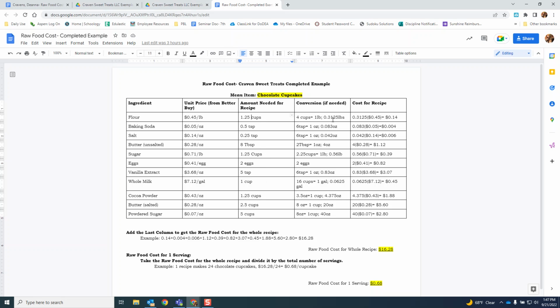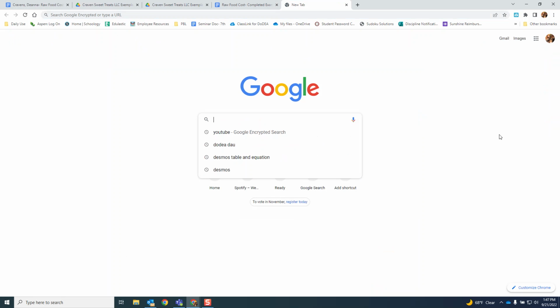Now from there, you might need to do some conversions, because if your unit price does not match, for instance, right here, I was talking about buying flour in pounds, but I only need cups. So we have different units. What you might have to do is research, you can use Google for that, how many cups of flour are in 1 pound. So I'm going to do that.